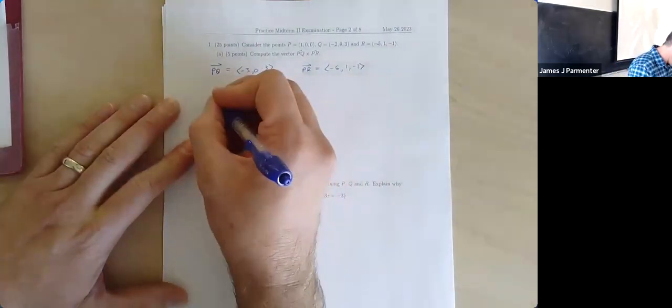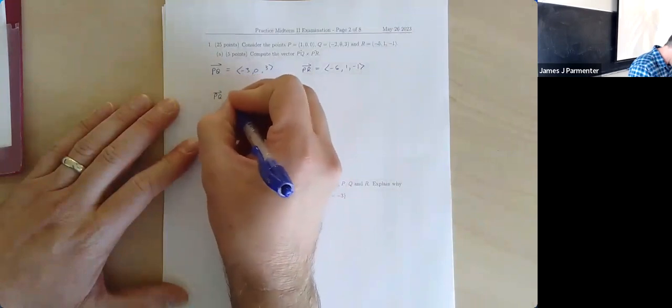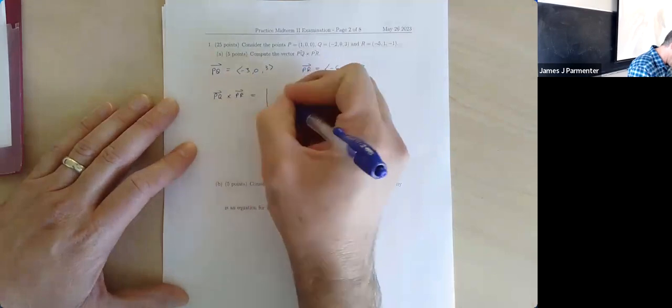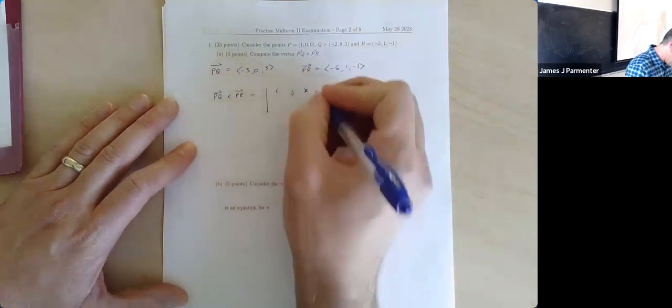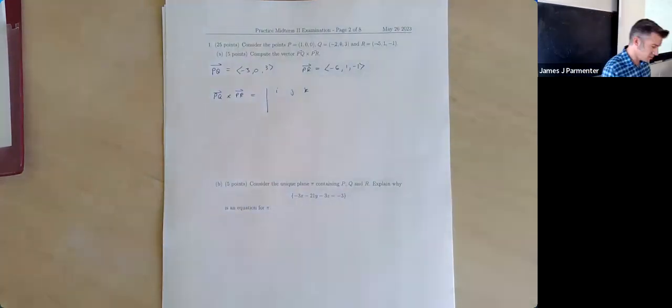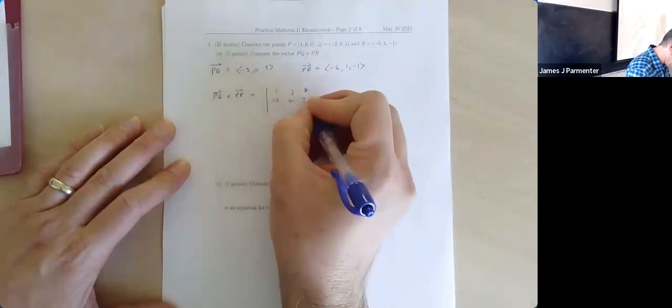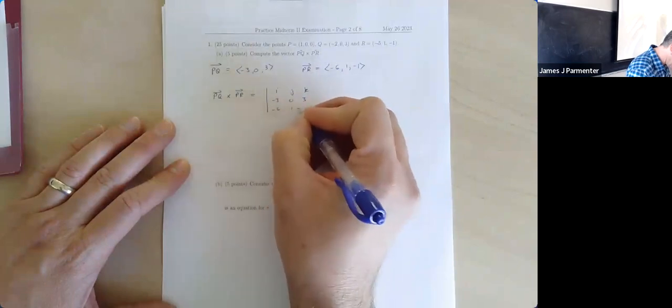And then to do PQ cross PR, I'm going to write it this way. We've got i, j, k, and you've got PQ first. Order does matter here when you do a cross product, slightly, in that if you do it the opposite direction, you will get the opposite vector, but it's still perpendicular to both. So here you have -3, 0, 3, and -6, 1, -1.